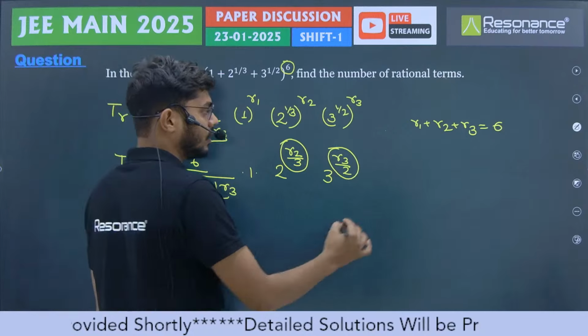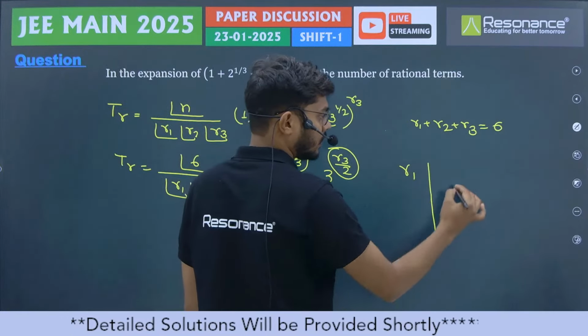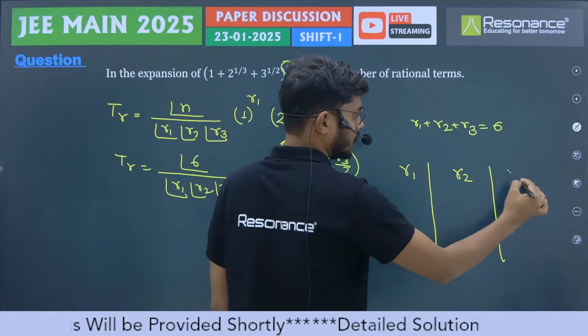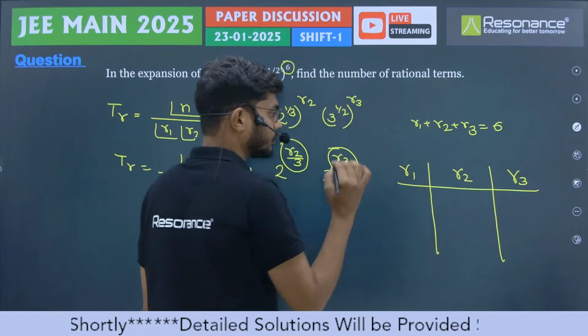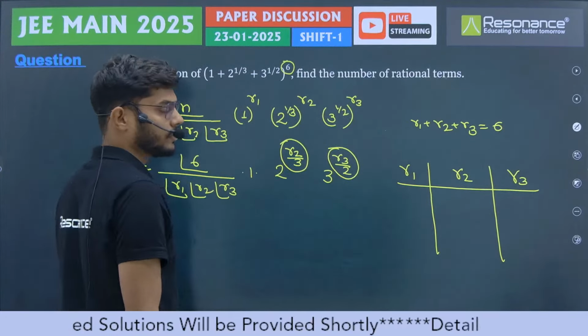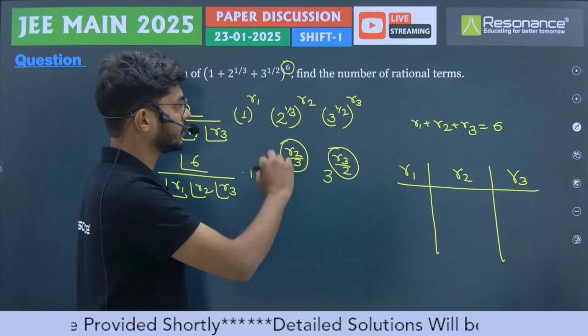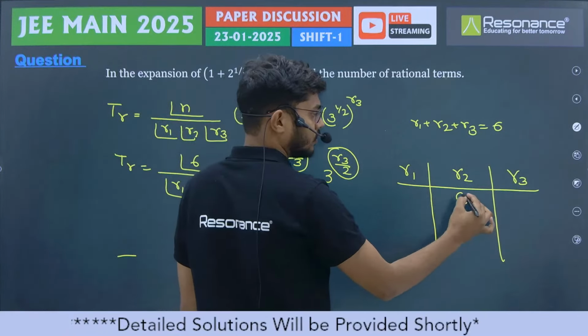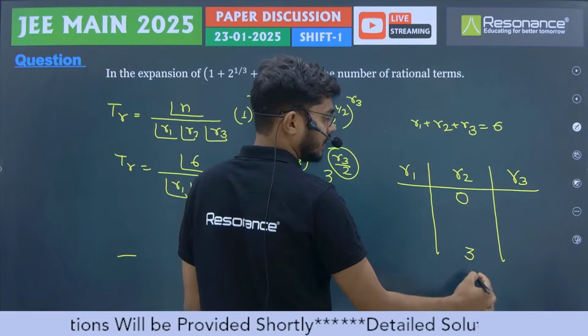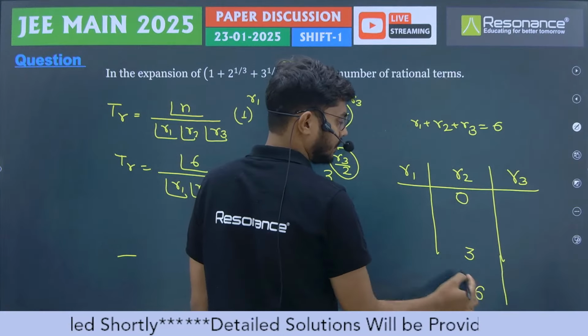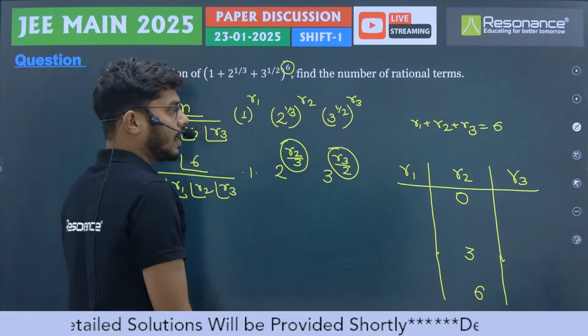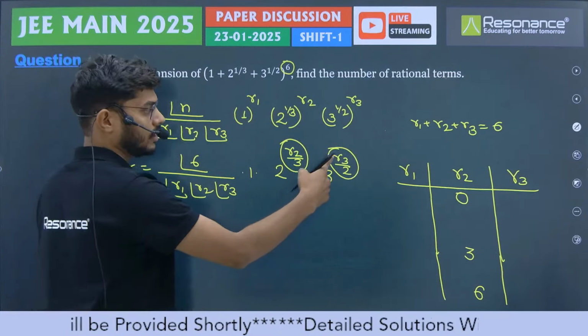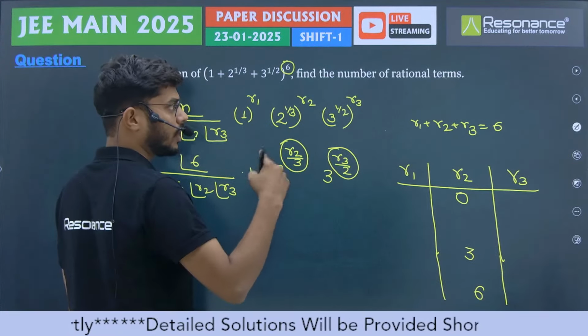So let us write all the possibilities: r1, r2, r3. R2 should be a multiple of 3. What are the multiples of 3 up to 6? It can be 0, 3, or 6. If r2 is 0, r3 should be a multiple of 2. What are the multiples of 2 up to 6?